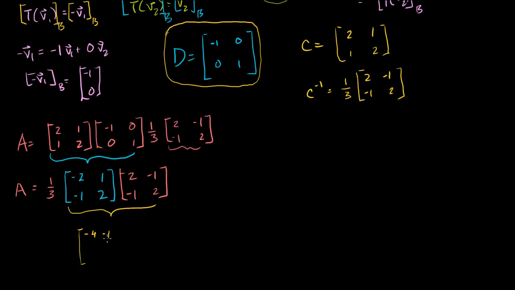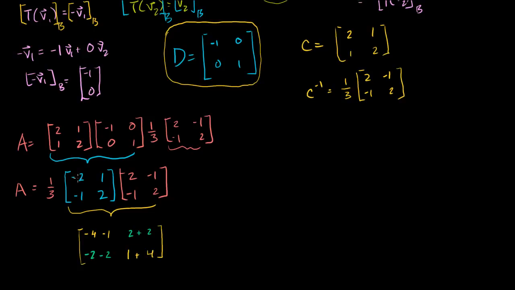So -1, that's that term right there. The next term is -2 times -1, which is 2, plus 1 times 2. So plus 2. And then let's do this term. -1 times 2 is -2, plus 2 times -1, which is -2. And then finally, we have -1 times -1, which is 1, plus 2 times 2, 1 plus 4.